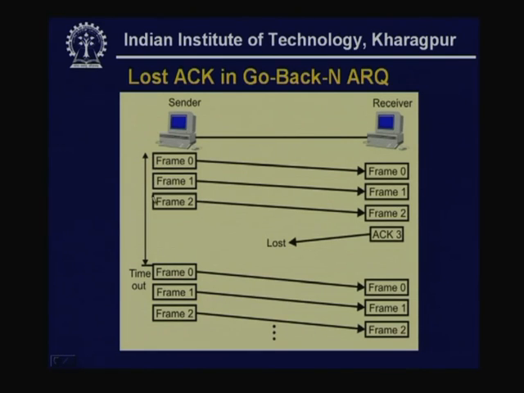It has already started a timer, and it reached the timeout at this point. Since no acknowledgement is received within this period, it starts retransmission starting with frame 0. So, frame 0, frame 1 and frame 2, these are all sent one after the other to the receiving side. So, this is how in go back N ARQ protocol a lost acknowledgement is taken care of.